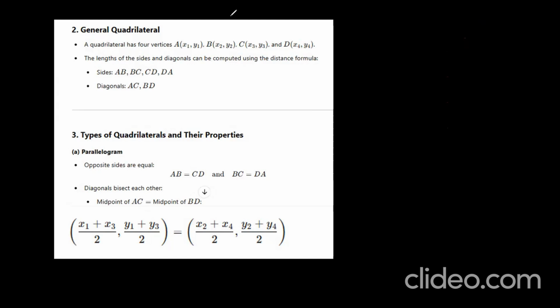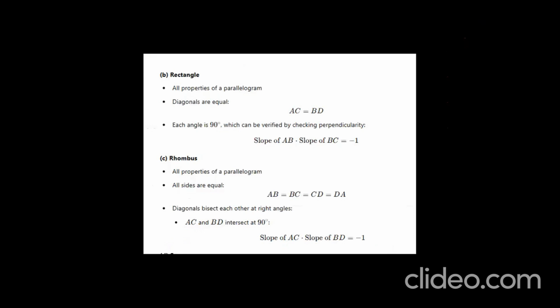Next, you see types of quadrilaterals. We observed the parallelogram, and the very next one is the rectangle. All properties of a parallelogram are satisfied by the rectangle, and the diagonals are also equal, and each angle is 90 degrees.